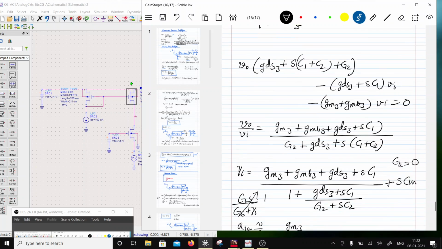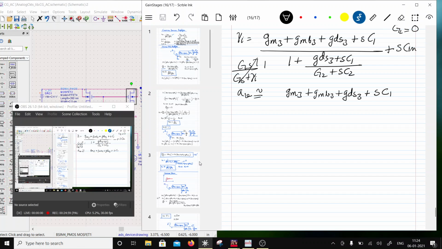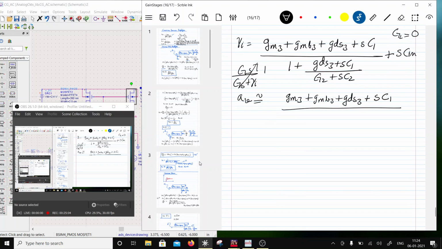So over here GM3 plus GMB3 plus GDS3 plus SC1. Okay, so that will be there divided by G2 plus that thing.